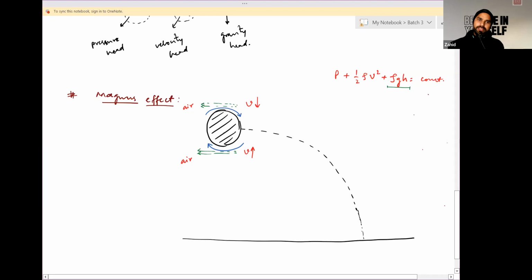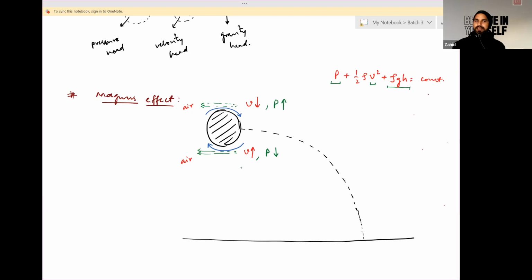So the height of this ball is constant, so just neglect it. Next are pressure and velocity. If velocity is decreasing, pressure must increase so that the sum of these three terms at this instant will be constant. Similarly, at the bottom part, if velocity is increasing, pressure must decrease so that the sum of these quantities at this instant is constant.